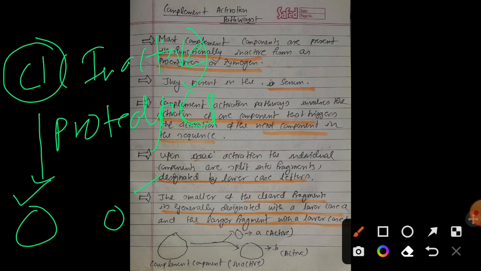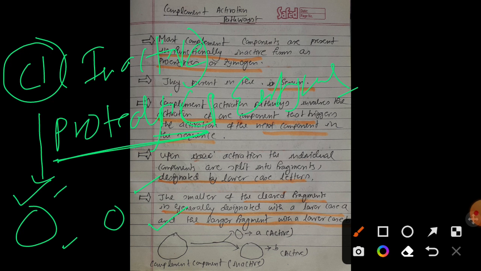So we have learned that a proteolytic enzyme is going to activate the complement components, right? As it is a proteolytic enzyme, that means it has the ability to break proteins. That means they activate complement components by breaking them into two fragments. There is no doubt in that part. They usually cleave them into unequal fragments, one larger and another smaller.